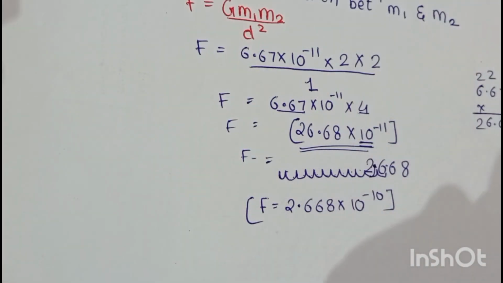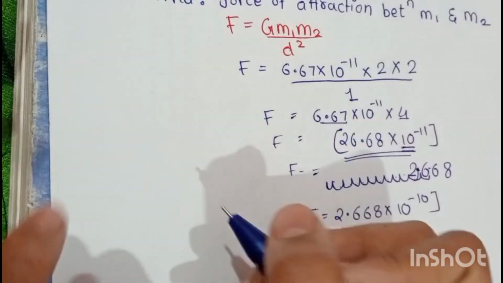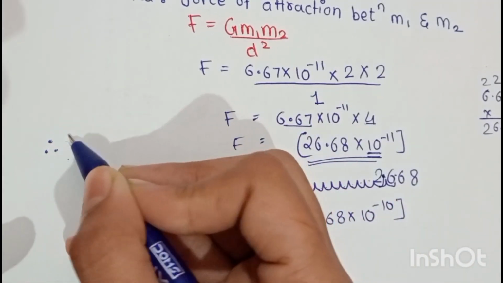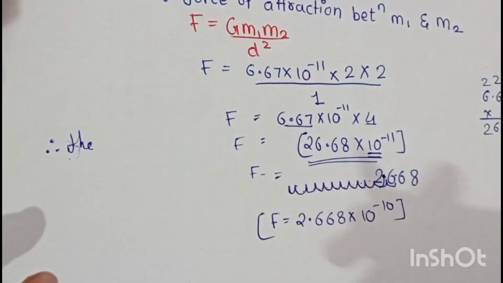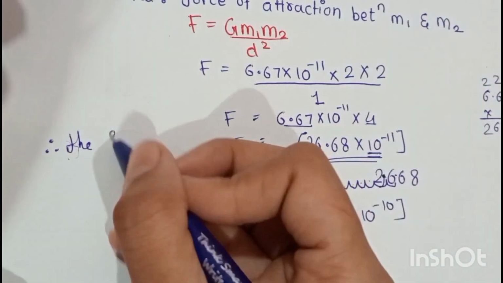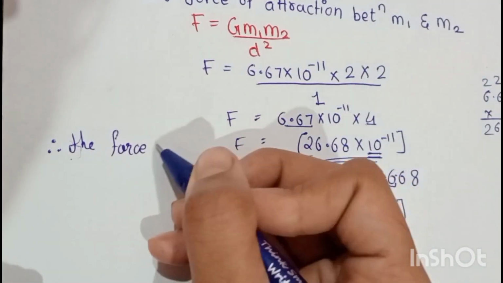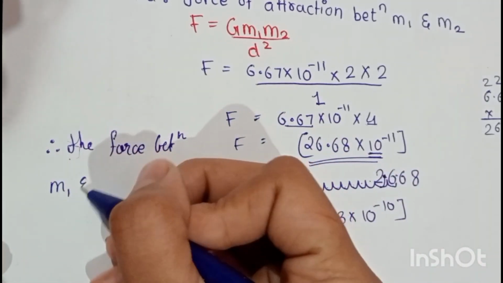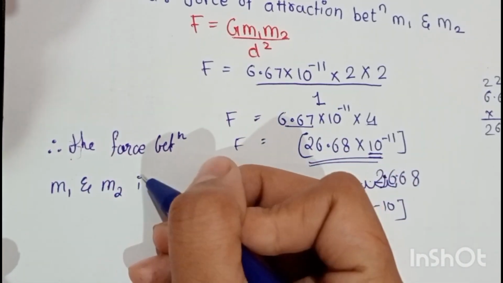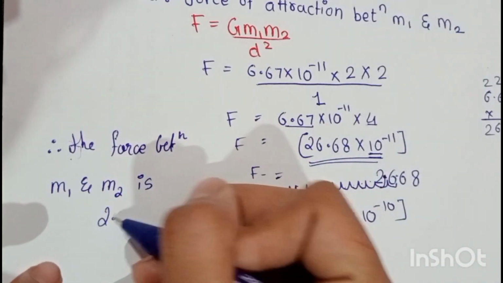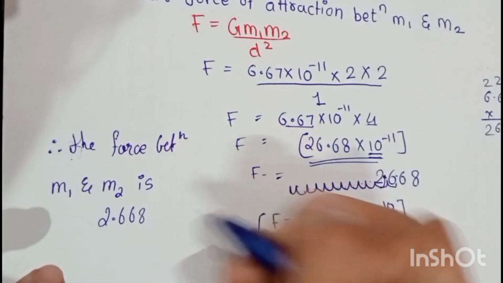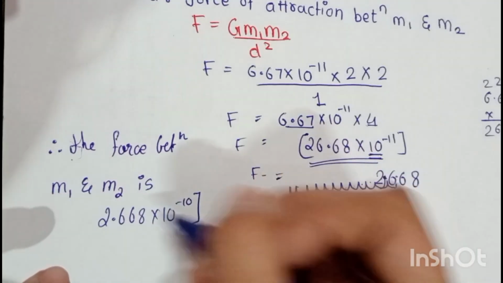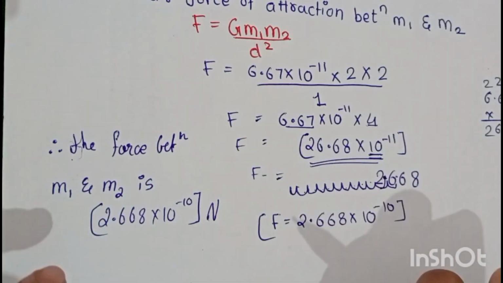All right, so what we can conclude is that the force between m1 and m2 is 2.668 into 10 to the power minus 10 Newton.